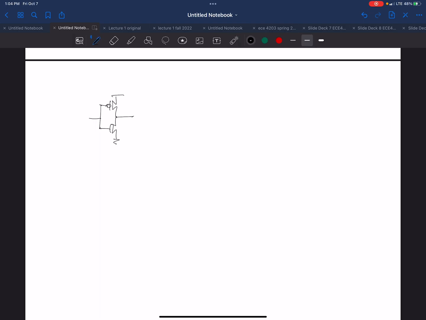The P supply is connected to the highest supply, the N source is connected to ground. The inputs are connected together and the outputs are where they meet. So that's the simplest CMOS gate. But the general rule for CMOS gates is you would have a pull-up P network.